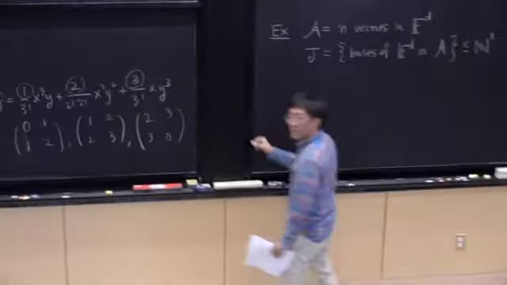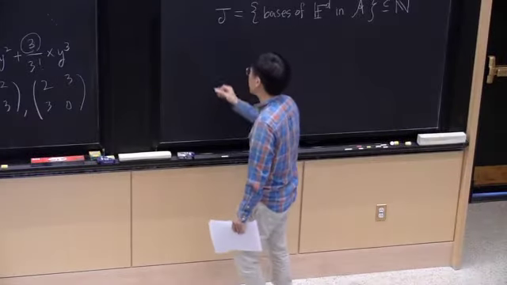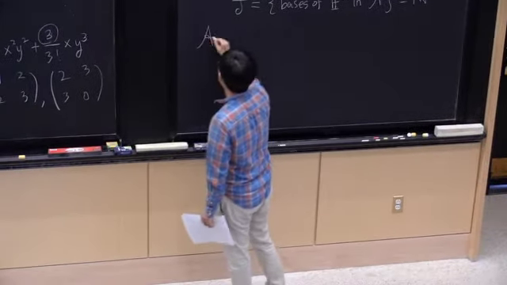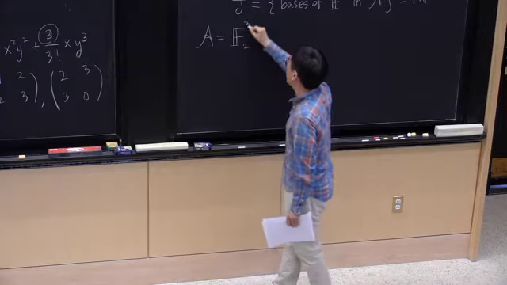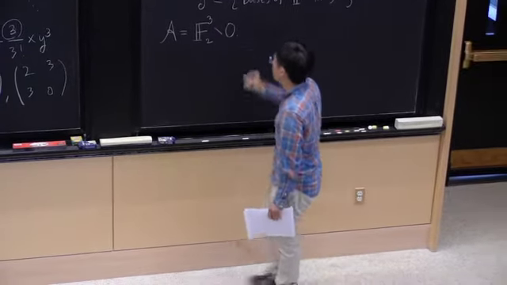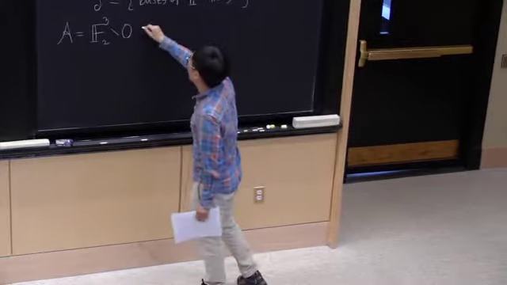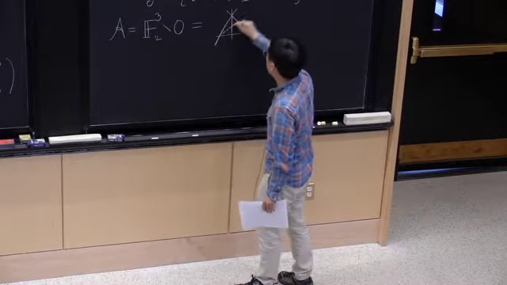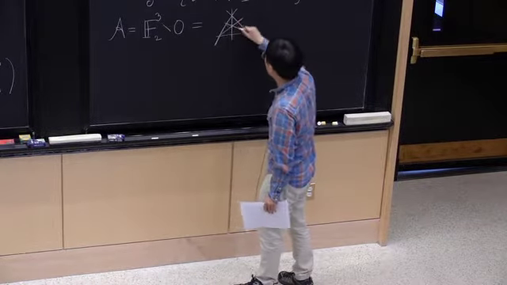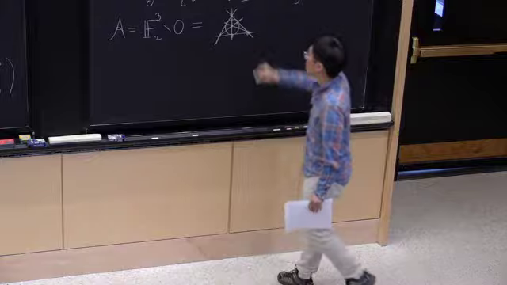So just to be really concrete, but the argument applies in the same way, let's consider the situation when A is F2 to the 3, everything except 0. So that I'm looking at that picture that was on the board before. 1, 2, 3, 4, 5, 6, 7 vectors.